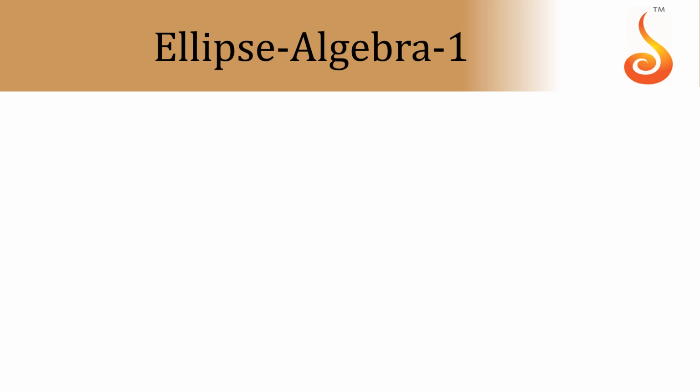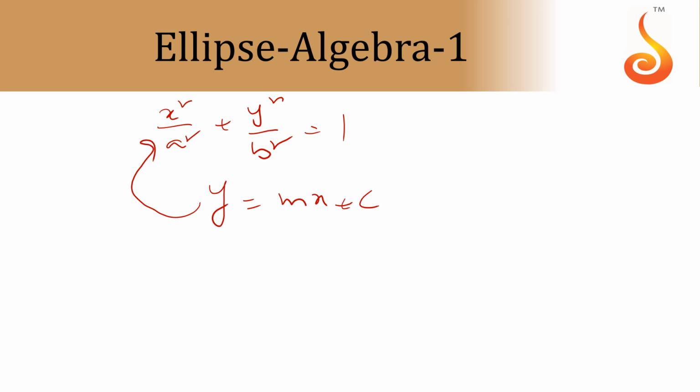Now let us introduce algebra to develop some properties. You know x square by a square plus y square by b square equal to 1 is the ellipse, and y equal to mx plus c is the straight line. If they are in the same plane, let us substitute y equal to mx plus c. So you are inserting one locus into another locus.